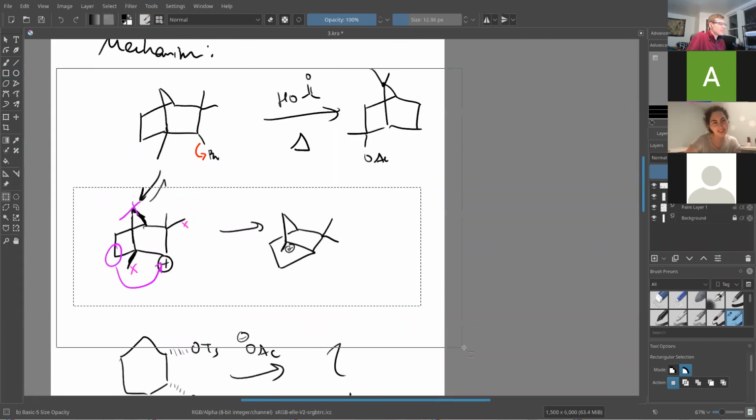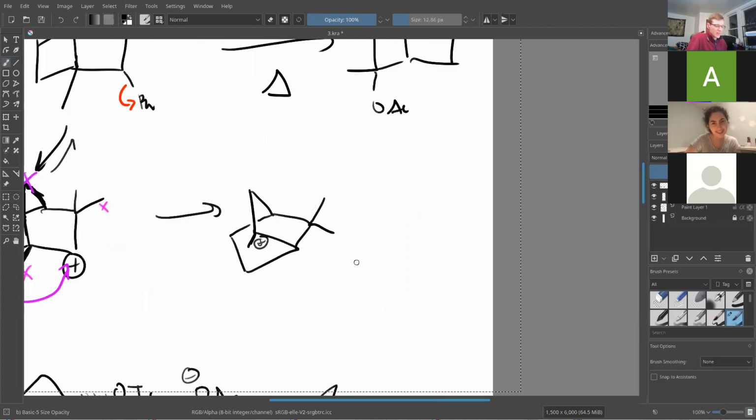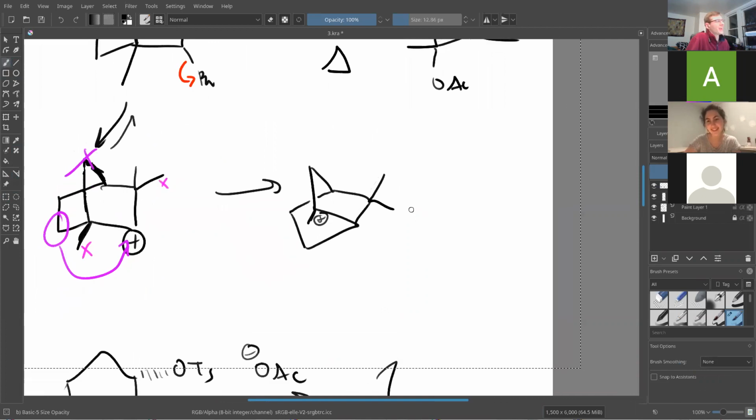Here, let me select this whole area so I can draw within this area, right? So this is what we got. All right, and I can redraw this. Let me use a slightly smaller brush. I can redraw this, and I'm kind of thankful that I drew this in a slightly coherent way, because otherwise I wouldn't be able to figure this out at all.